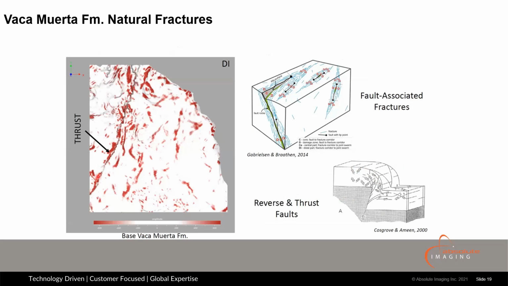So diffraction energy is mapped, and you can see that all the energy is only on one side of that thrust fault, which is exactly lining up with the model that was expected.